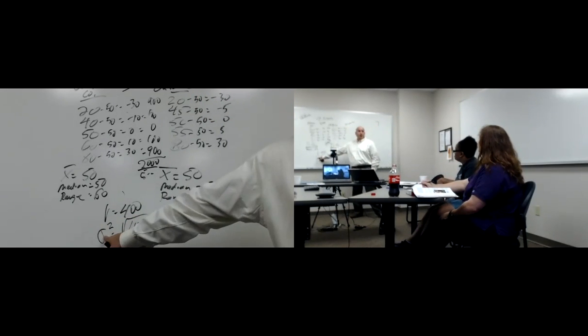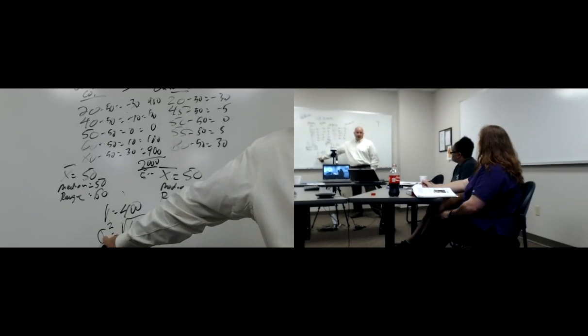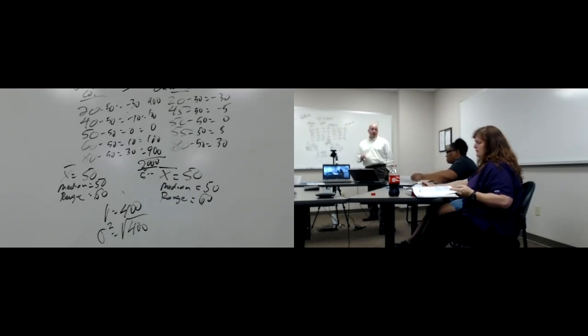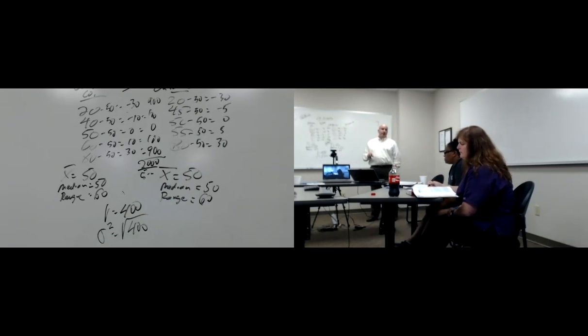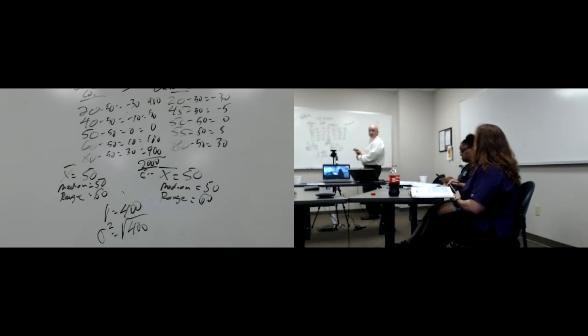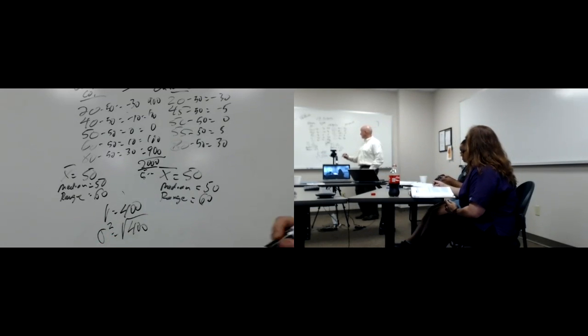This is going to mark my standard deviation. So I want you to jump all the way to page 75 in your book. When I take the square root of 400, what do I get? It's 20.